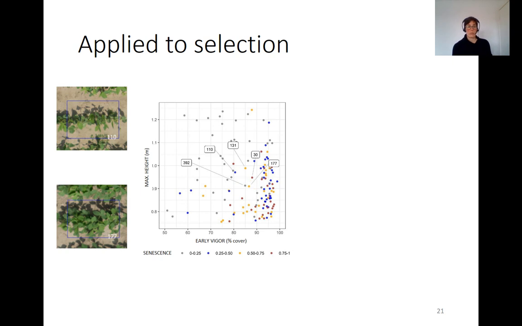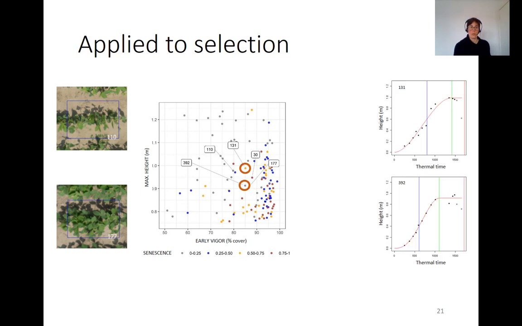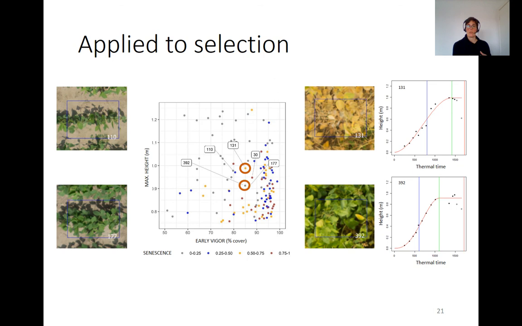We can also look at the senescence rate, because, for example, those two genotypes have a similar early vigor, so they cover the soil more or less at a similar rhythm. They have a slight difference in height, but then in senescence rates, they behave completely differently.